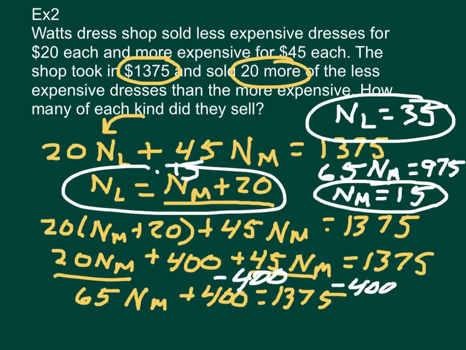If I take N_L times $20, and N_M, the more expensive, times $45, and add them together, I would get $1,375. As you can see, these types of problems are very similar to coin problems. They're actually easier because we don't have to convert everything to cents in one of the equations.